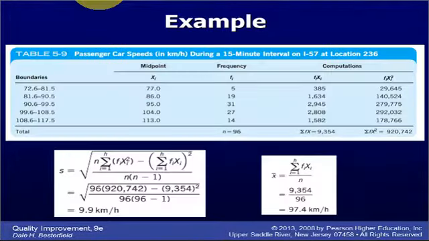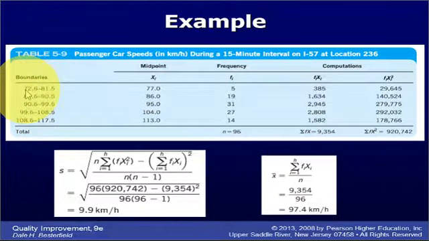So here's an example. On the first column is the boundaries for each cell. We're recording the passenger car speeds during a 15-minute interval at this Interstate 57 at location 236. So all these speeds are classified into 5 classes, right?